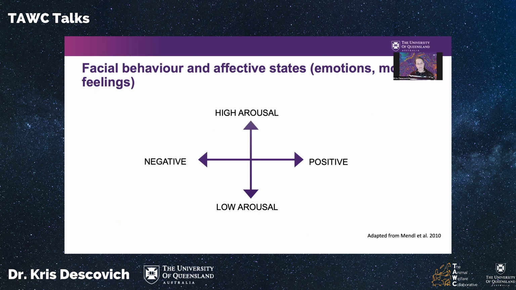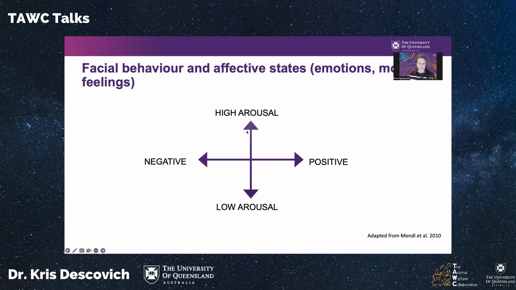Now, if we think about animal emotions, we can use several different frameworks, but I just find this emotional compass to be very useful because it allows us to think about emotions, any emotion really, and describe that emotion in terms of two important axes. The first is this axis that goes from positive to negative valence. Positive valence means the emotion they're feeling will be pleasurable, and negative valence means the emotion they're feeling will be unpleasant.